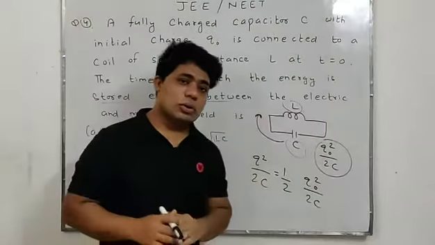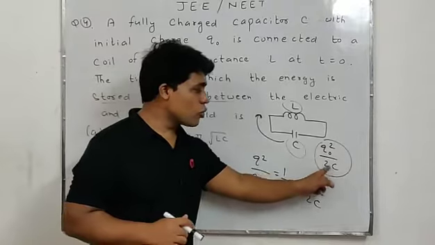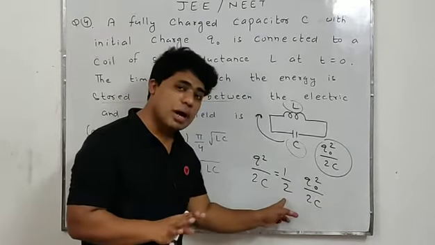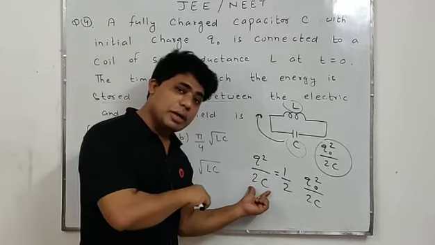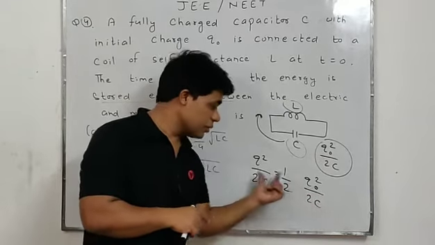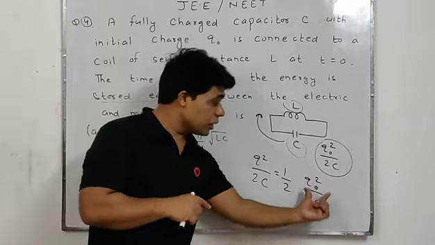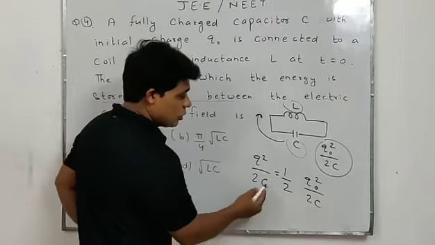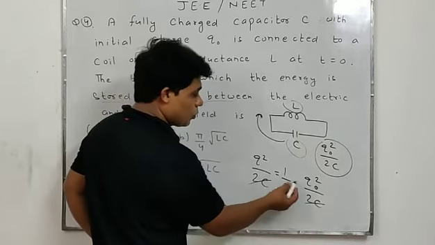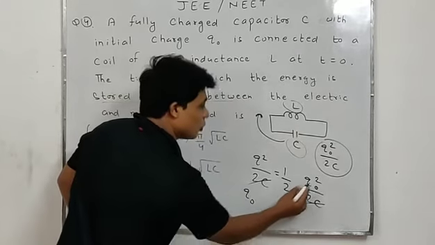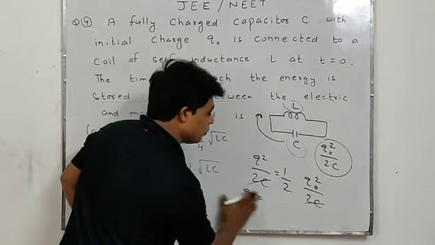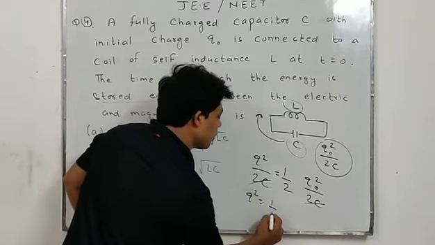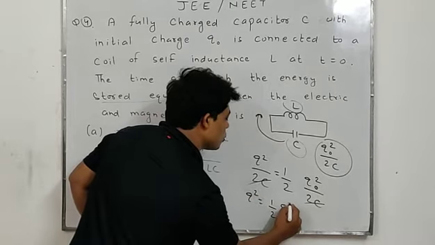When it divides equally, it becomes half between the inductor and the capacitor, the magnetic energy of the inductor and the electrical energy of the capacitor. Now 2C and 2C cancel out, so finally we get Q square equals half Q0 square.